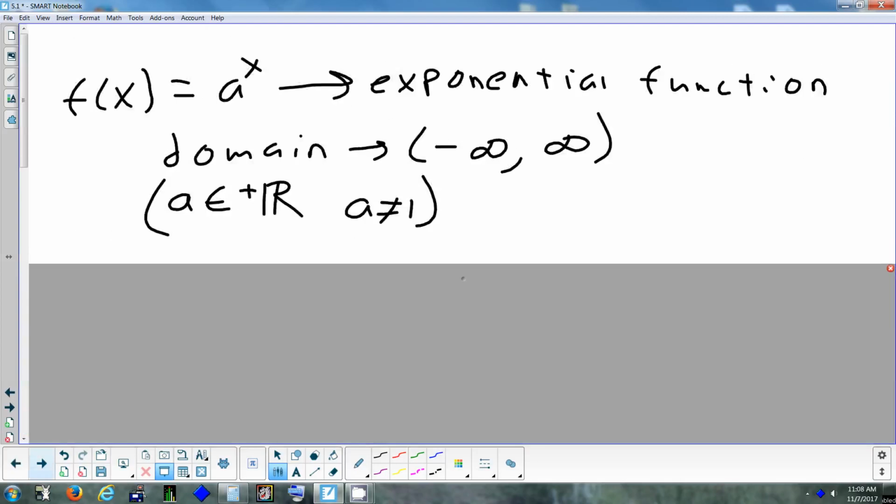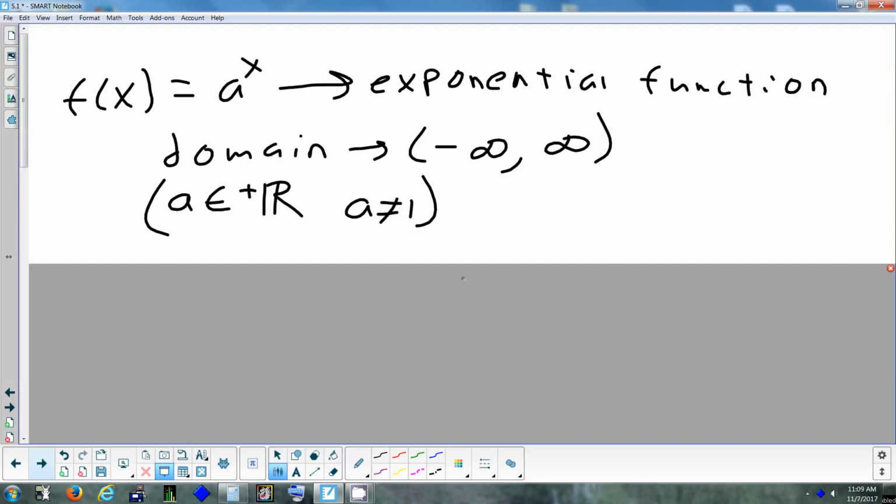Okay, so the domain for all exponential functions is negative infinity to infinity, as long as the base fits this condition. The base is a positive real number, not equal to 1. So if you pick a number that fits that condition, 2.6. You can raise 2.6 to any power you want.